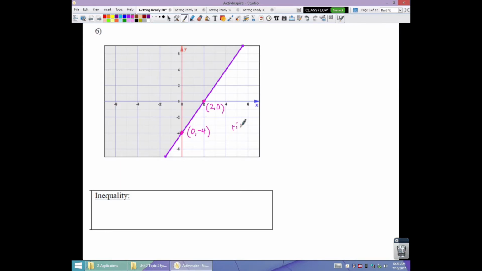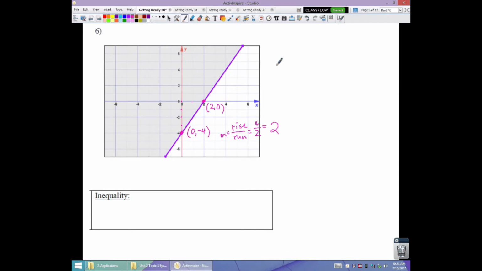So if I count rise over run, I rise 1, 2, 3, 4. I run 1, 2. So 4 divided by 2 is 2. My slope, my m, is 2. I can see, again, the y-intercept.